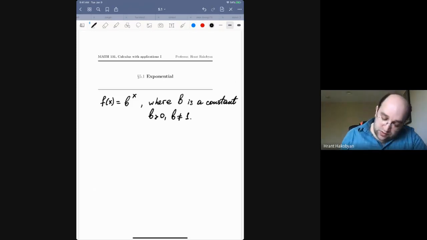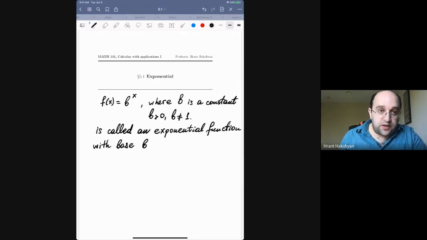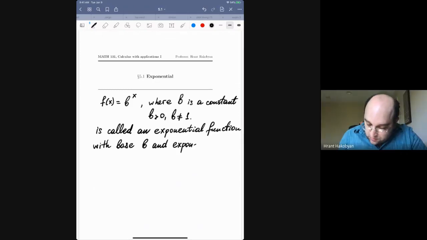This function is called an exponential function with base b, and x is called the exponent.